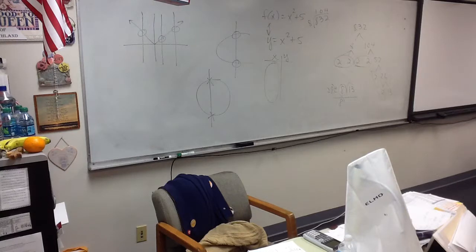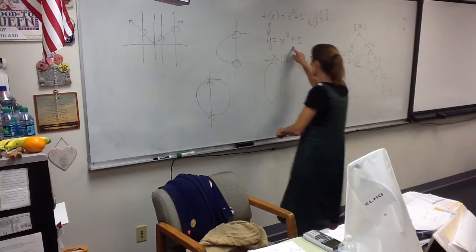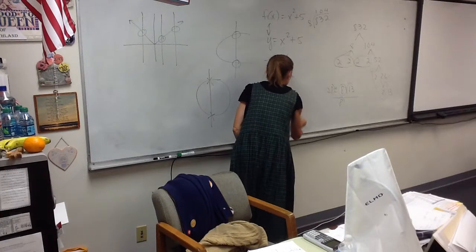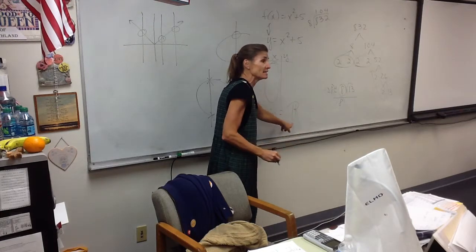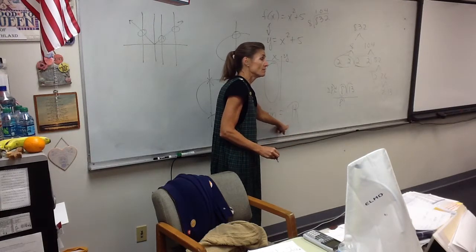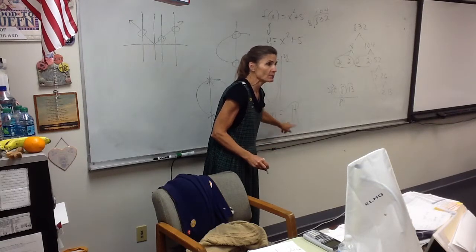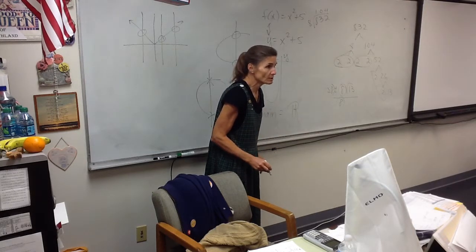The domain for this function is the set of all real numbers. And the symbol for that is this. This is the symbol for all real numbers. If the symbol's gonna freak you out, just write all real numbers.